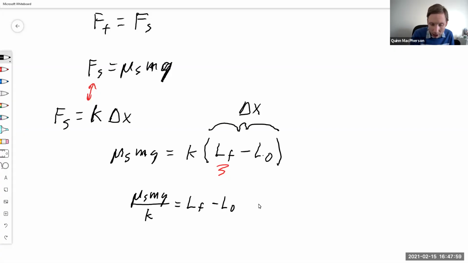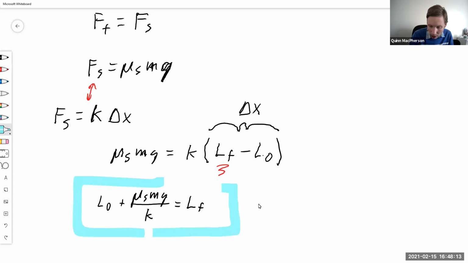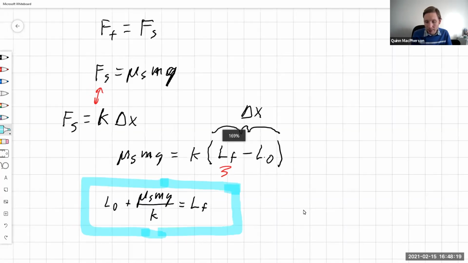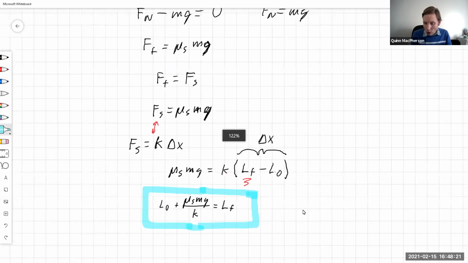So add L naught to either side, plus L naught. And we get that the final length of the spring when the box starts to move is L naught plus mu S mg over k, which is the quantity we were looking for.